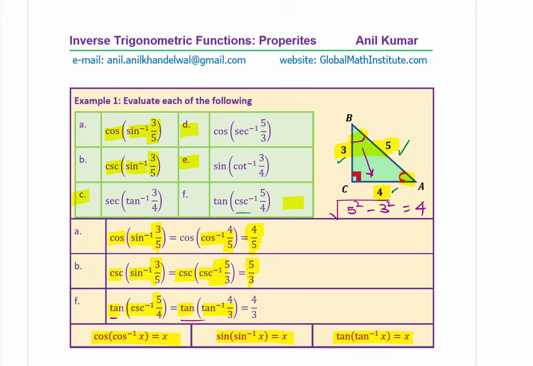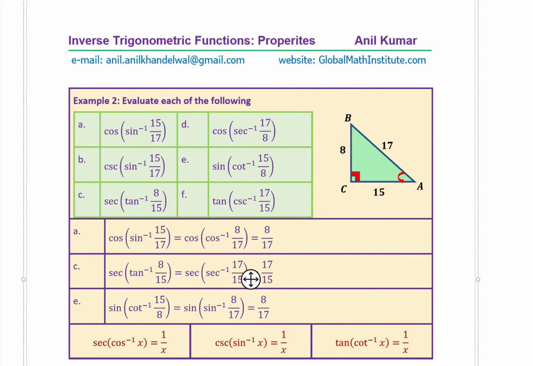Let's take up example number 2 now, where we are giving you values. Cos of sine inverse 15 over 17. Once again, instead of our 3, 4, 5 triangle, the triangle we have now is for sine inverse 15 over 17. So in this case, our focus is angle B from the shown diagram, the opposite side being 15, the hypotenuse being 17.